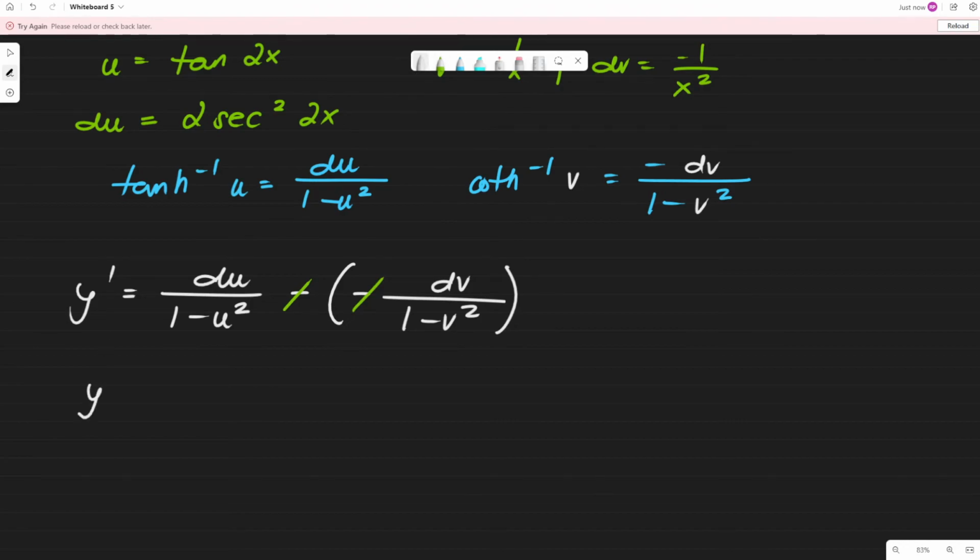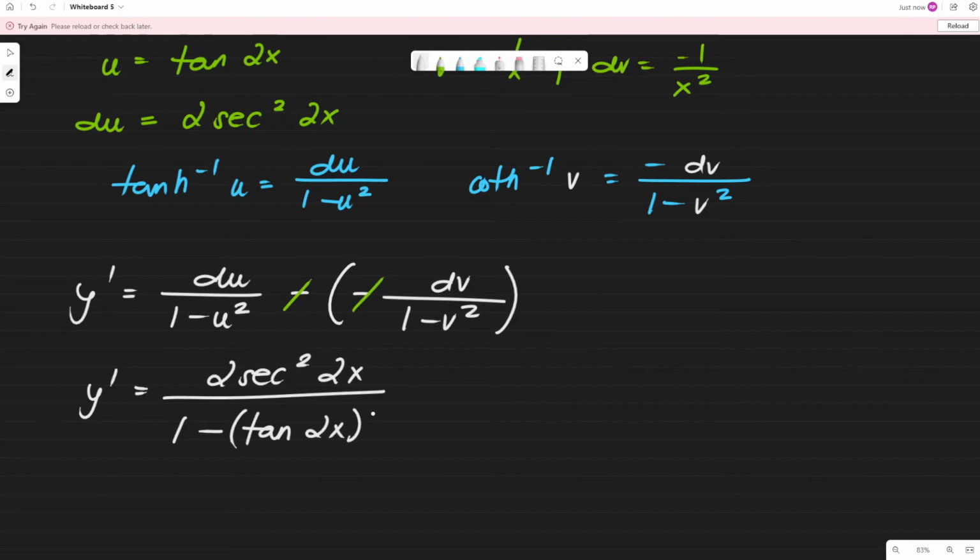So, we have y prime is equal to 2 secant squared 2x over 1 minus tangent 2x quantity squared. Then minus dv is negative, plus na pala, sorry. Plus negative 1 over x squared over 1 minus v squared. 1 minus, what is our v? That is 1 over x. 1 over x quantity squared.